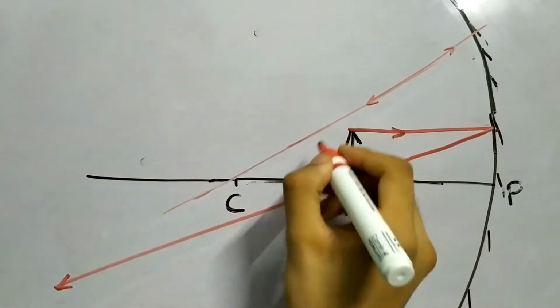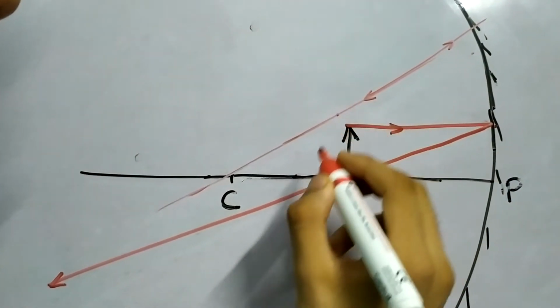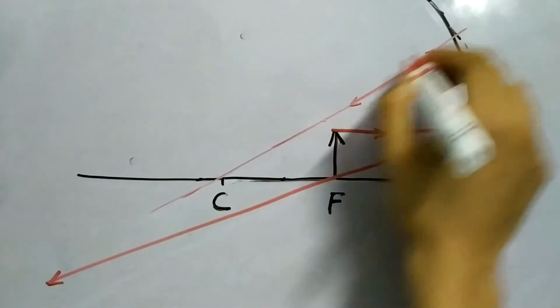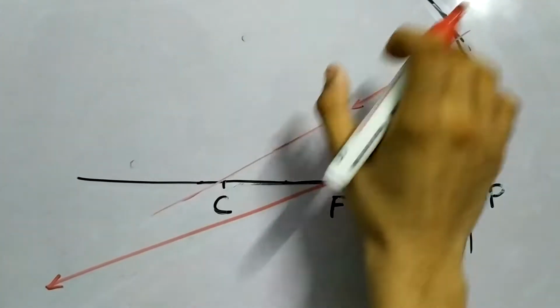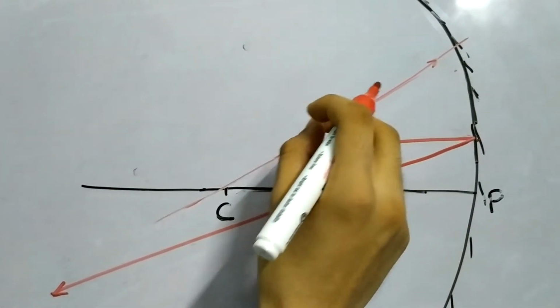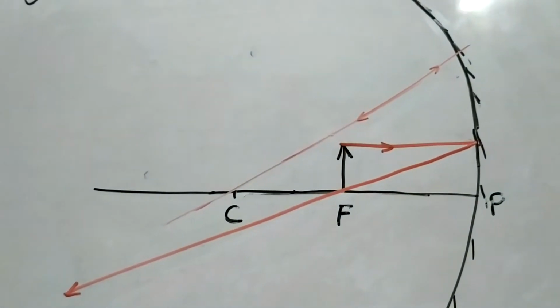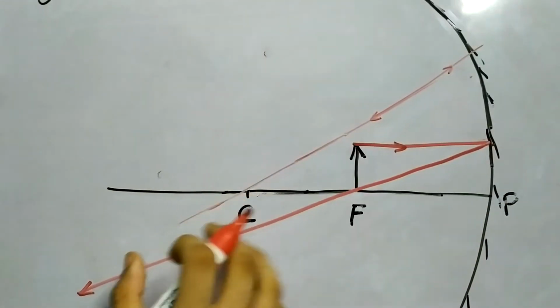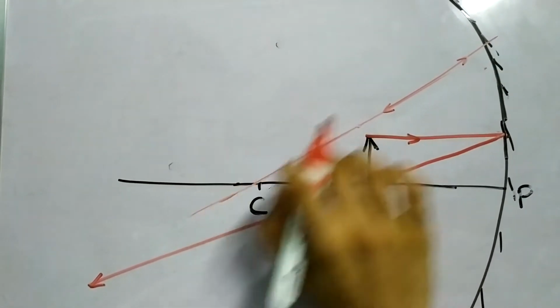Now if I place an object, okay, somewhere on this path, on the path of this ray, what will happen to the ray which is emitted by this object? Will it follow the path of the previous ray, of this ray which passes through the center of curvature?